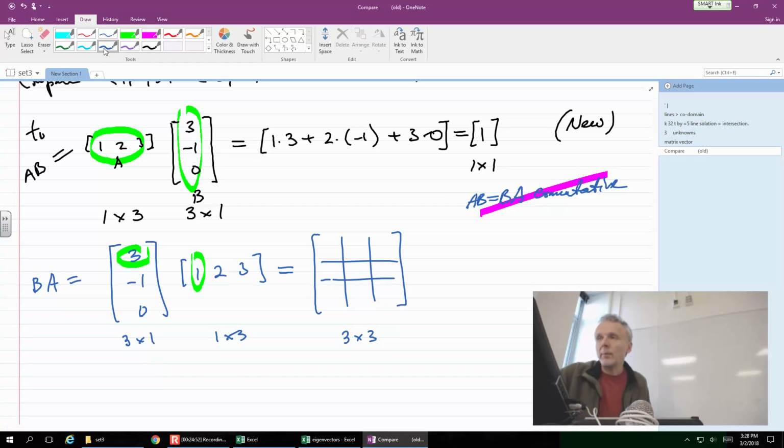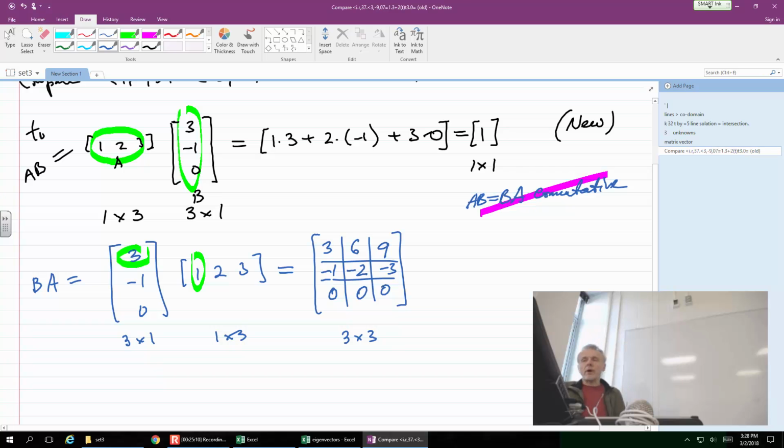And then you just keep multiplying, so you have 3, 6, 9, okay, then -1, -2, -3, right? So I multiply -1 by all the 3 entries in the second vector, and then these are just zeros. Okay, so it is a 3 by 3 matrix. So as you can see, matrix multiplication is not commutative.